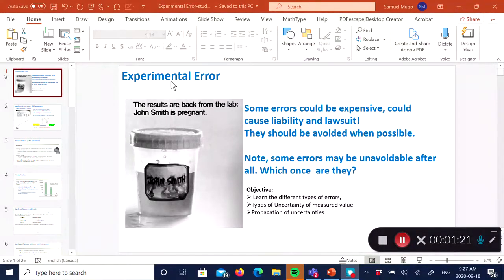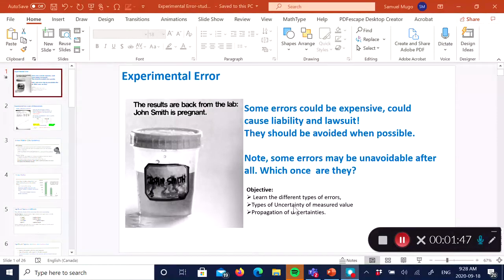So the objective for the lecture is for you to be able to learn the different types of errors, and how to quantify the errors in terms of what I'm calling uncertainty. How do you quantify the error? And also how do you propagate uncertainties?